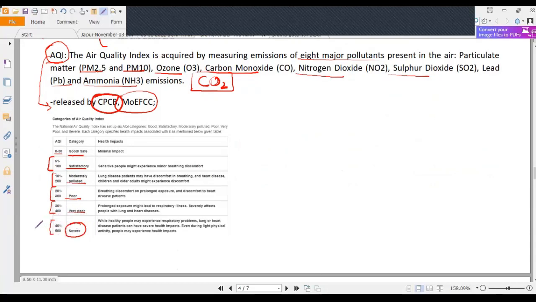So Delhi has reached the worst category in this index, that is severe category, which can cause respiratory problems, lung and heart disease patients can have severe health impacts. So that is why controlling the air quality becomes significant.